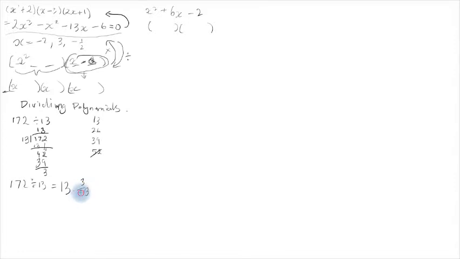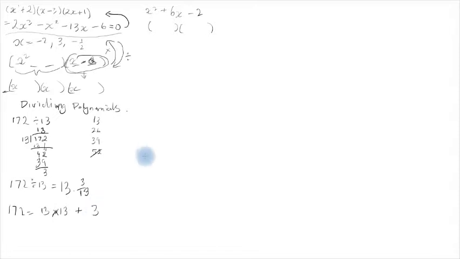Or another way to represent this would be to say that 172 equals 13 times 13, plus the extra 3 that we had. So 172 is 13 times 13 plus the 3 that we had.